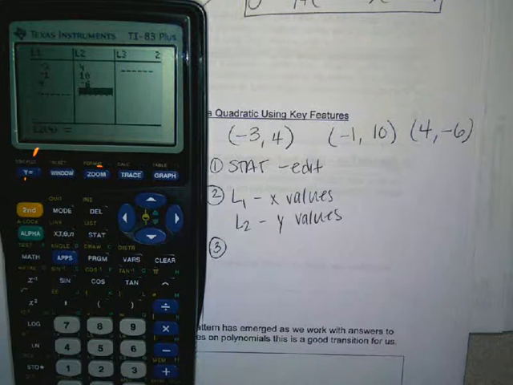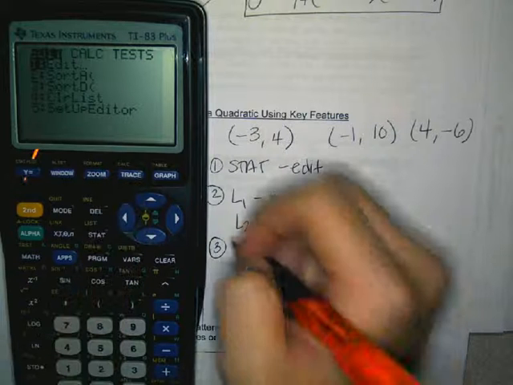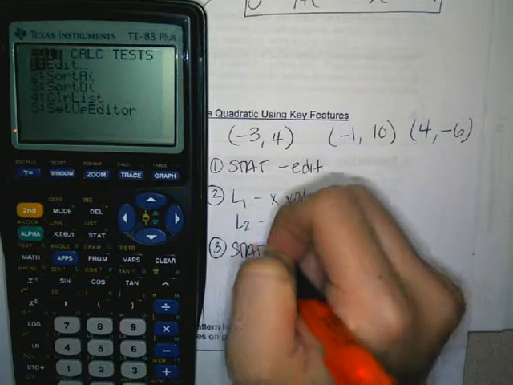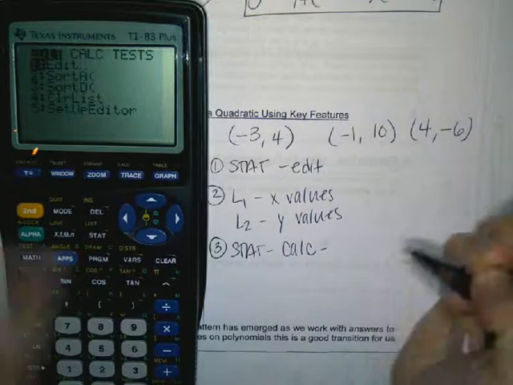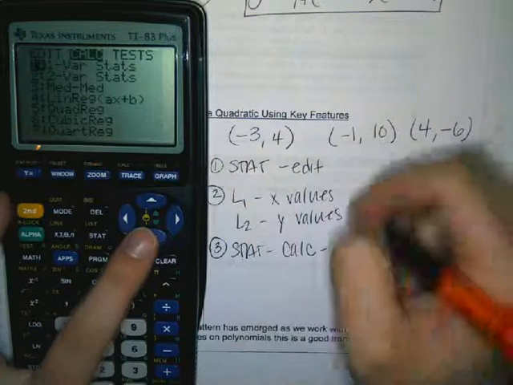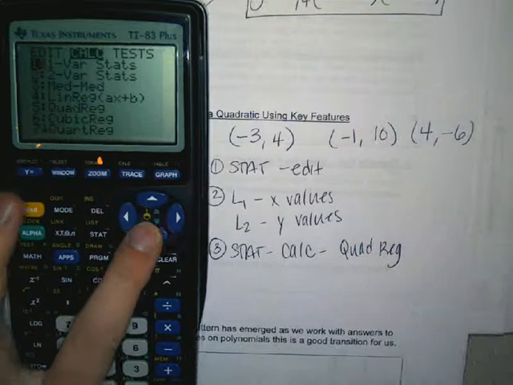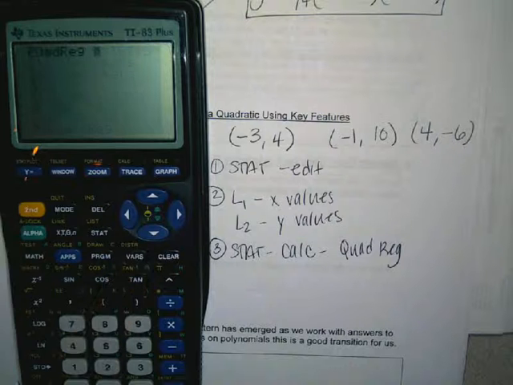Alright. Then you go back to Stat, and you go to Calc menu. So Stat, Calc, and then we want the quad regression. So go down to that. And then you have to input it as an ordered pair.